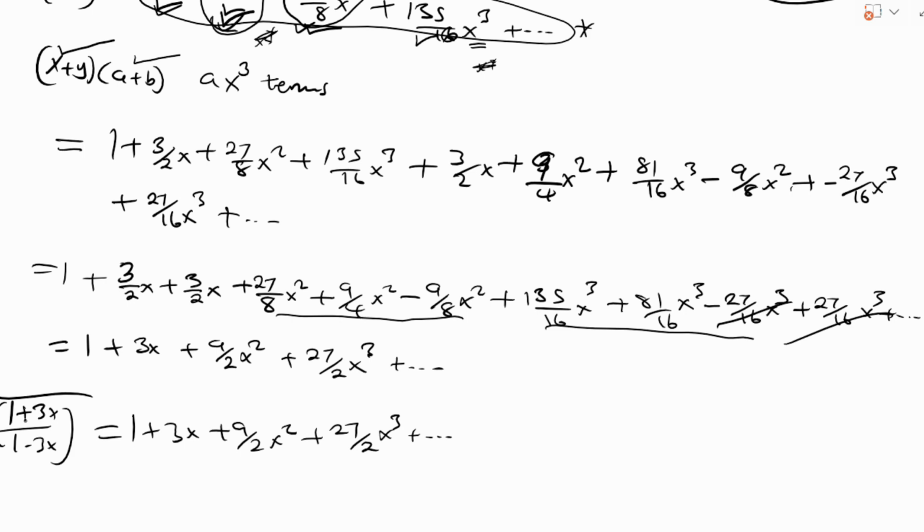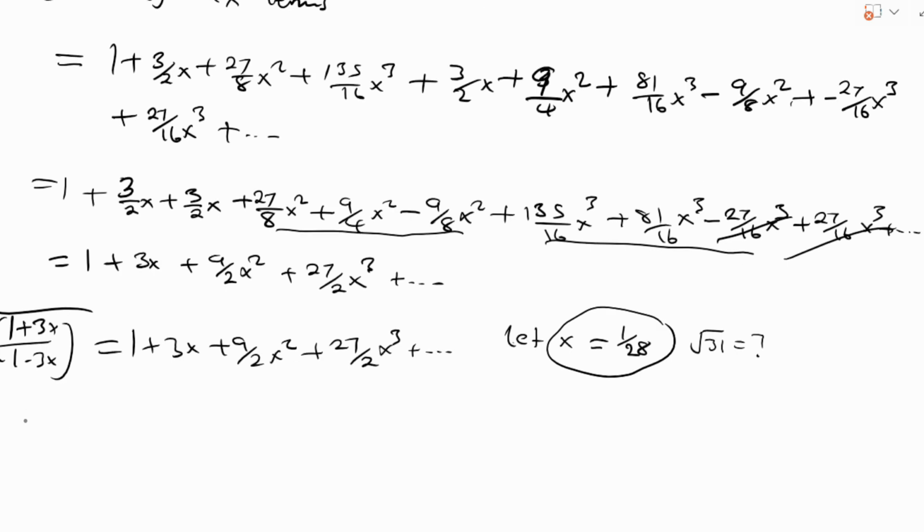Now proceeding from there, we were asked to estimate the value of root 31 given that the value of x is equal to 1 over 28. Now, if x is 1 over 28, then from this equation I am going to substitute for the value of x on both sides of the equal.